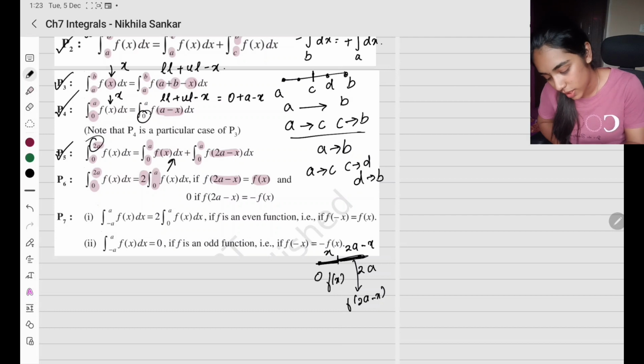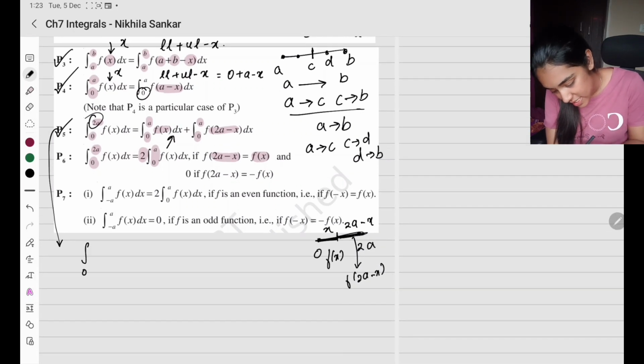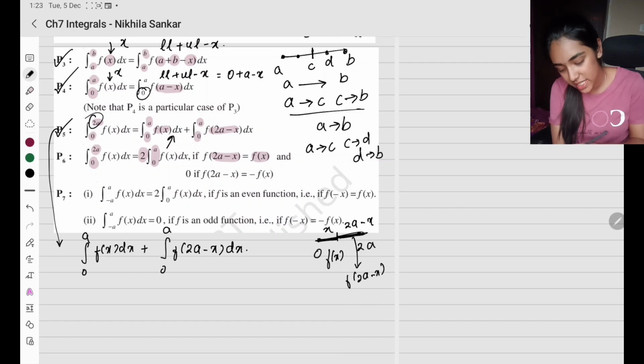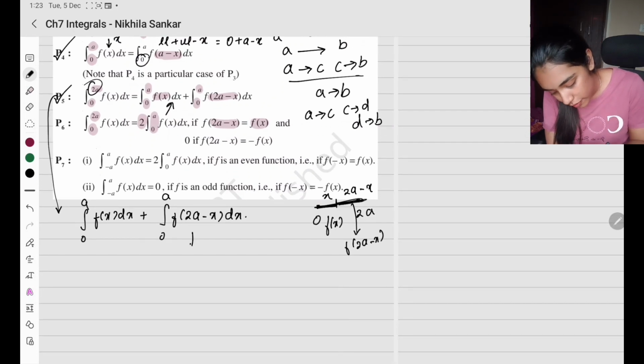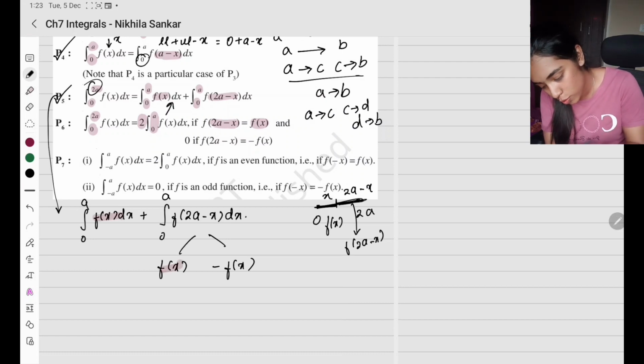So இப்போ இதே formula தான். So here property number 5, I can basically write this as 0 to a f of x dx plus integral of 0 to a f of 2a minus x times dx. இதுல ரெண்டு இருக்கு. So f of 2a minus x can take two different values. So this can either be f of x or it can be f of minus x. இப்போ f of x இருந்தா இதுவும் add பண்ணா I'll get a 2 which is right here.